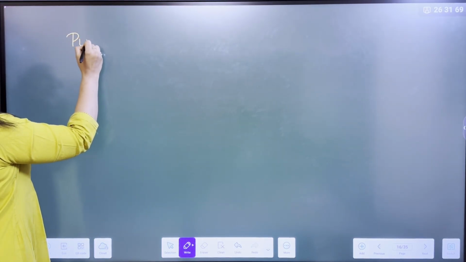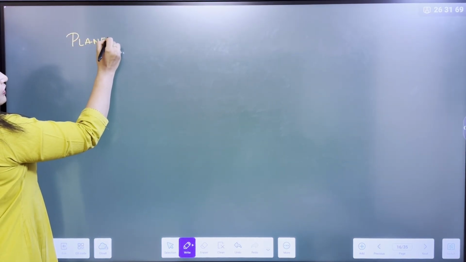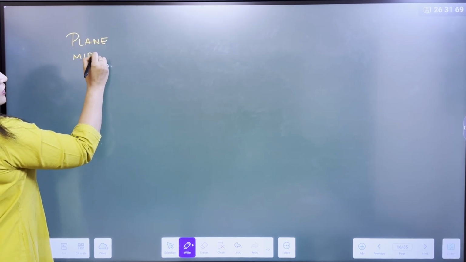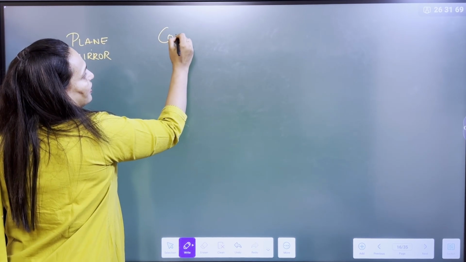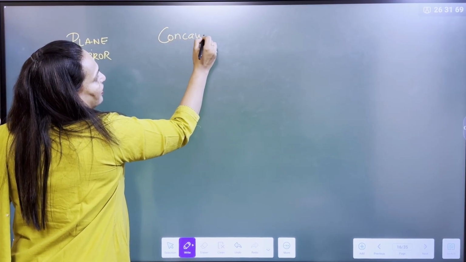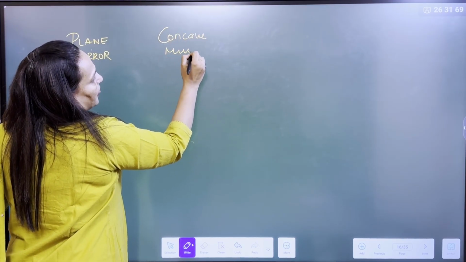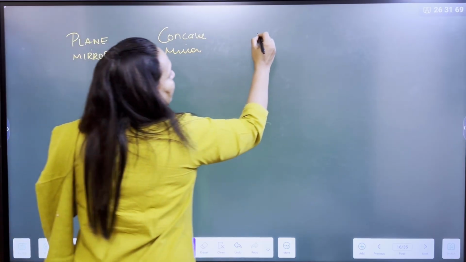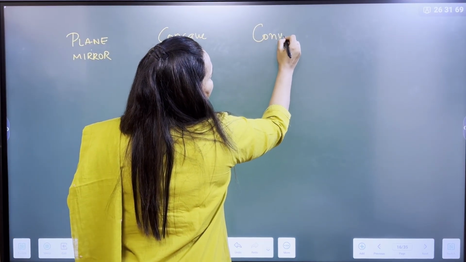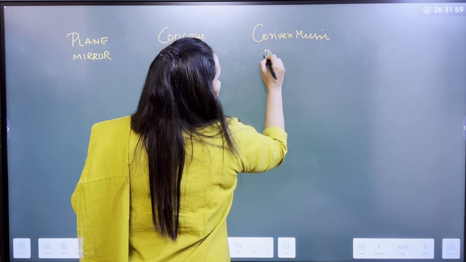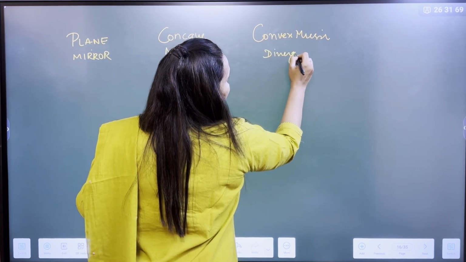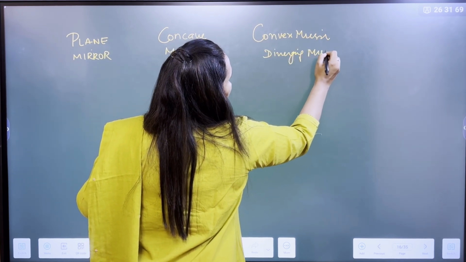This is a plane mirror, then the converging mirror, concave mirror, then the convex mirror, diverging mirror. See, it is called the summary.